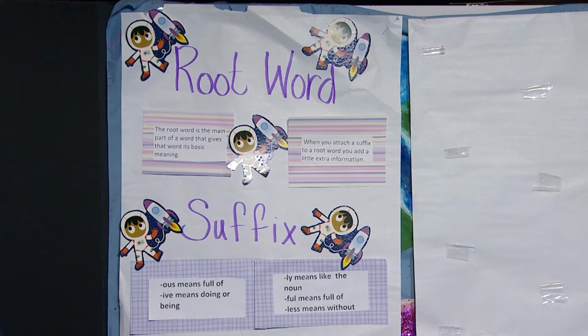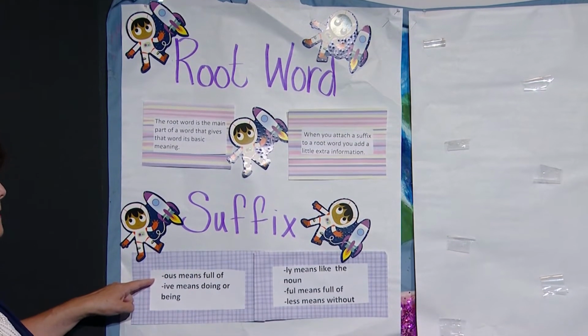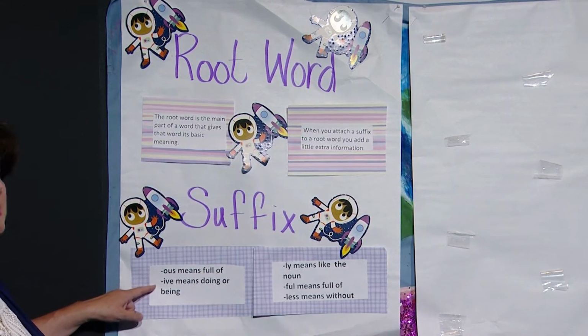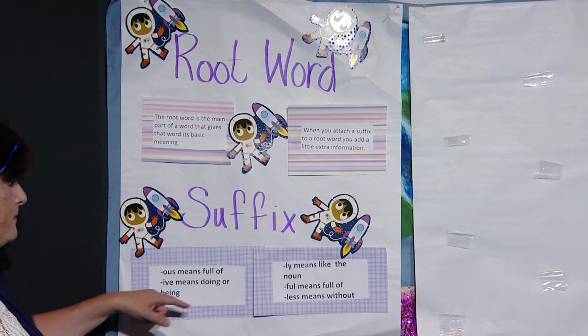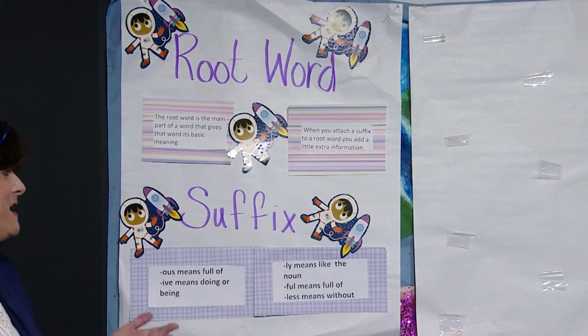First, let's talk about the meaning of the suffixes we're going to learn about today. We know that OUS means full of. Suffix IVE means doing or being. We know that suffix LY means like the noun that it's describing.